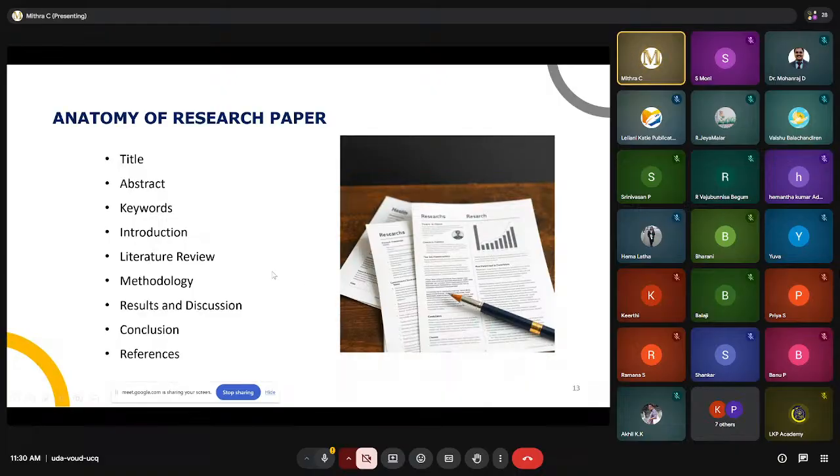That is why a research paper should always start with the title, followed by abstract, keywords, introduction, literature review, methodology, results and discussion, conclusion, and references. Got it? This is the workflow, and the article should follow only this order. Next.